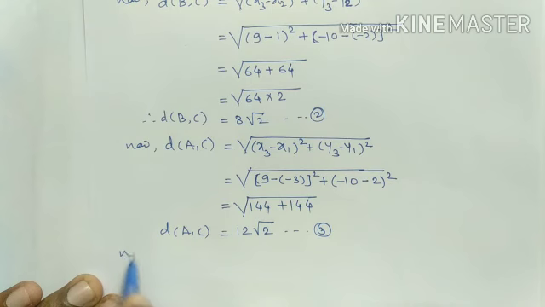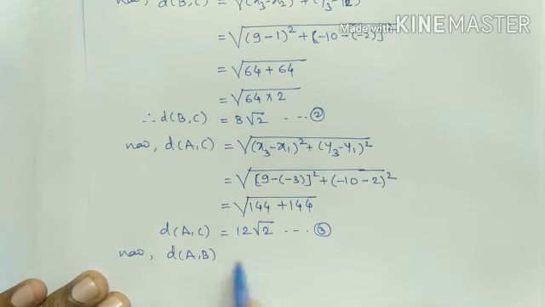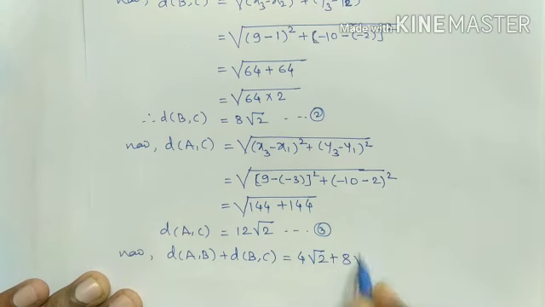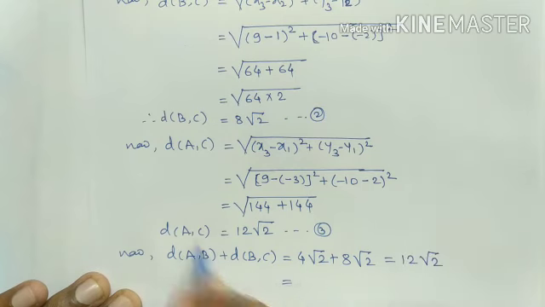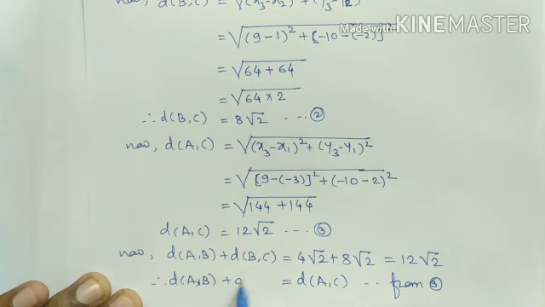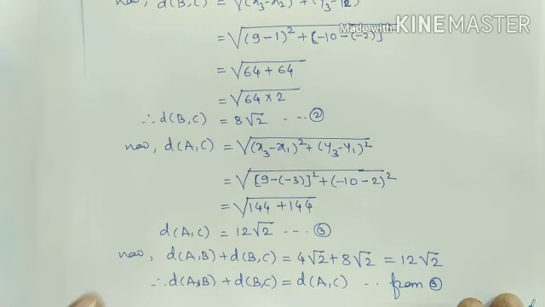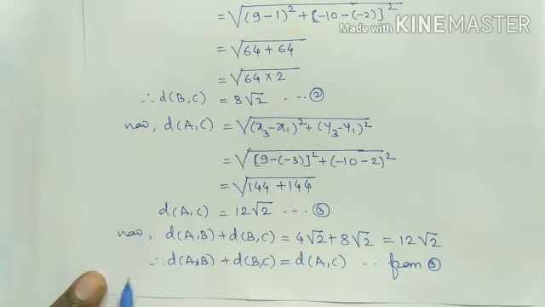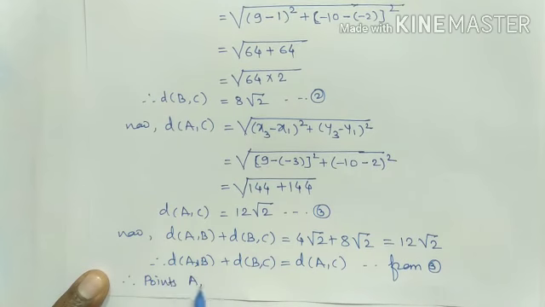So now distance AB plus distance BC equals 4 root 2 plus 8 root 2, which equals the like terms are there, like terms, 4 plus 8 is 12 root 2, which equals distance AC from 3, and therefore distance AB plus distance BC equals distance AC, and therefore points A, B and C are collinear.